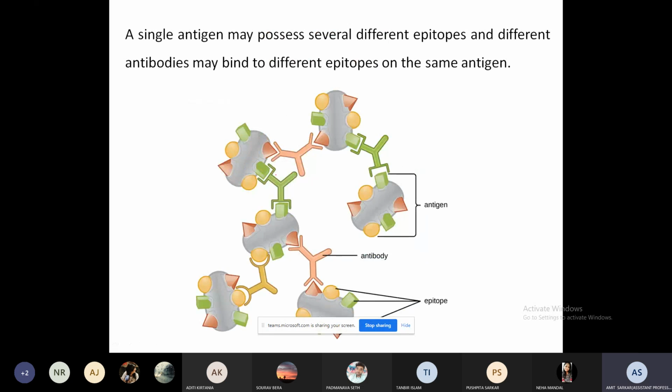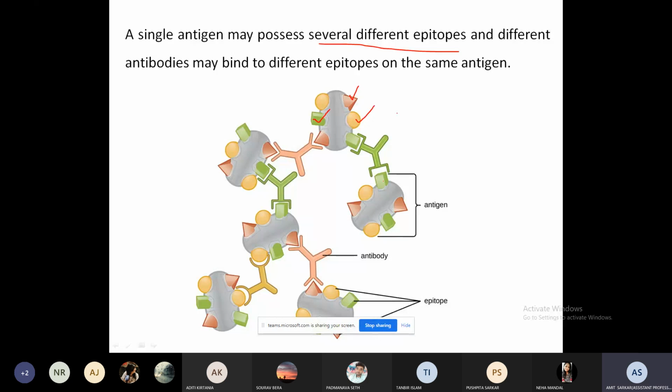A single antigen may possess several different epitopes, and different antibodies may bind to different epitopes on the same antigen. In this picture, the same bacterium is shown with 3 different epitopes. One is a brown triangular shape, one is a yellow round shape, another is a green rectangular shape.